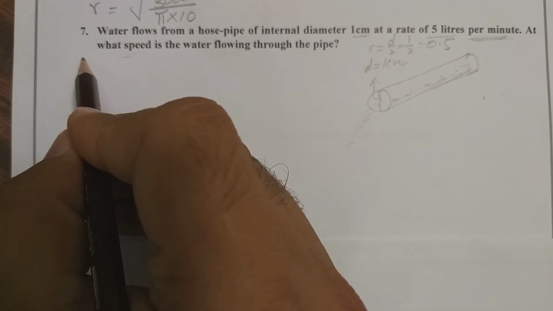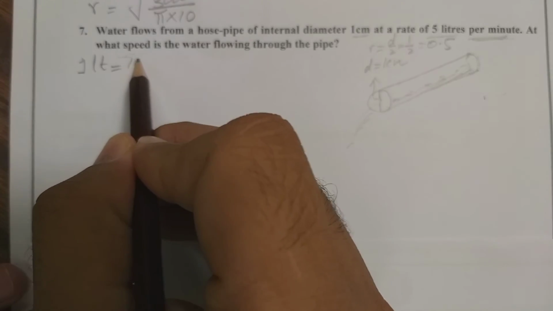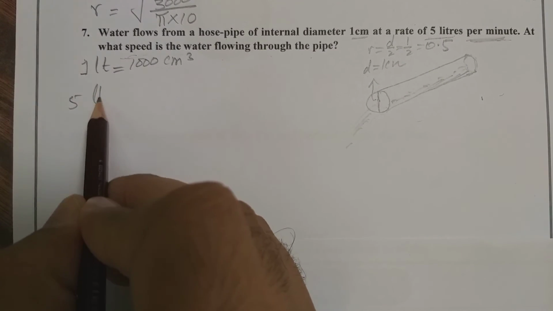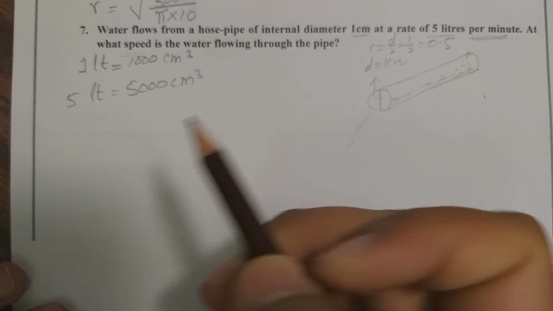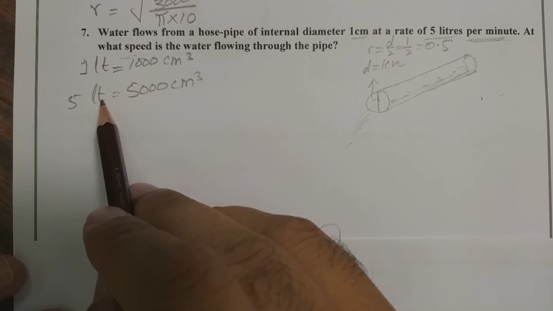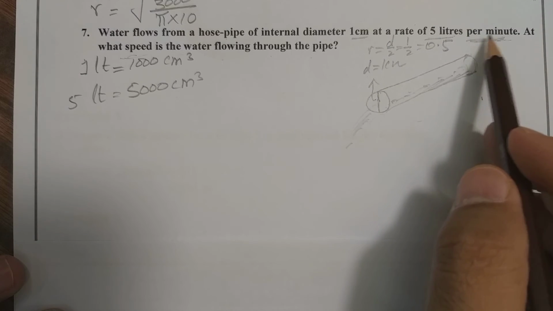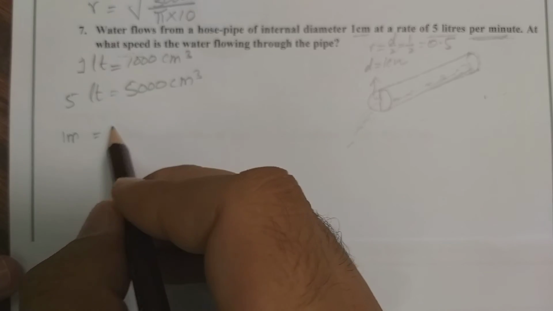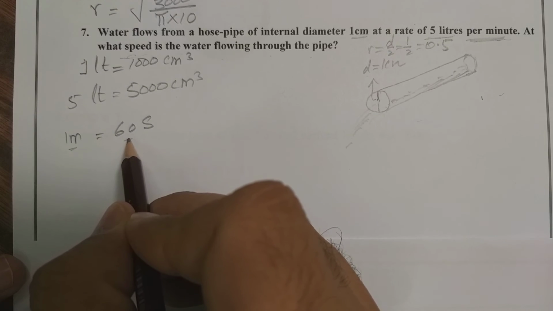So 5 liters equals 5000 cubic centimeters. 5 liters per minute means 5 liters pass through in how many seconds, and we need the smaller unit. We know that 1 minute equals 60 seconds, so just convert 1 minute into 60 seconds.